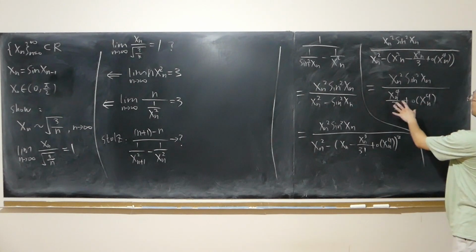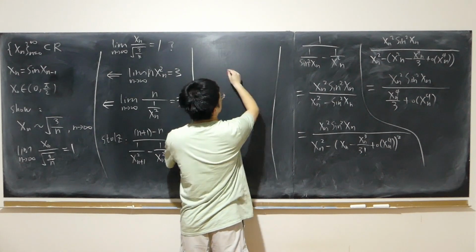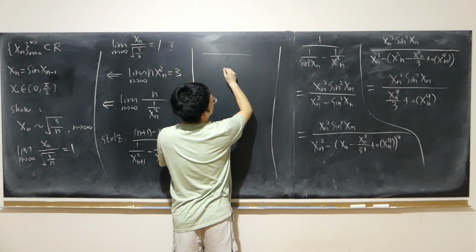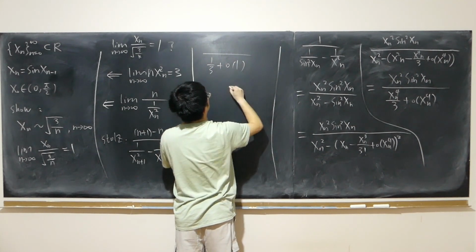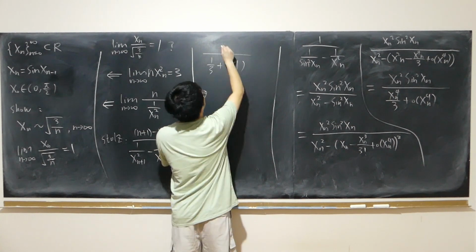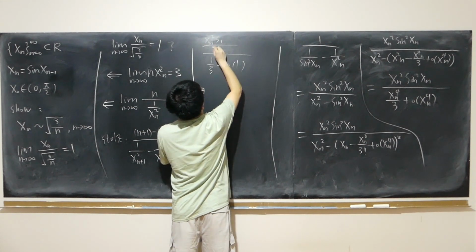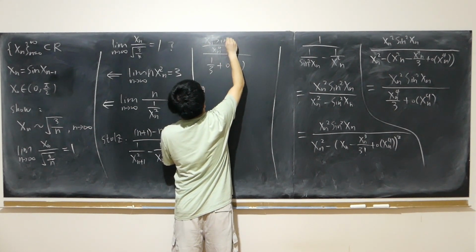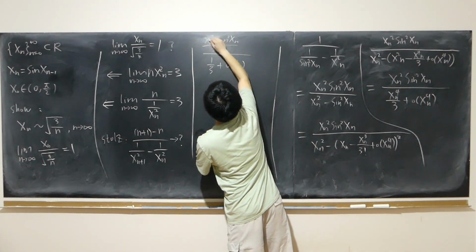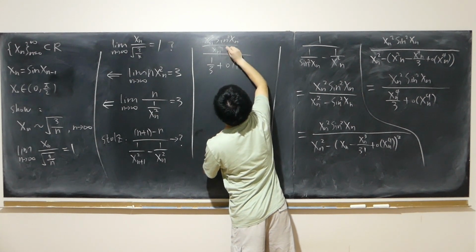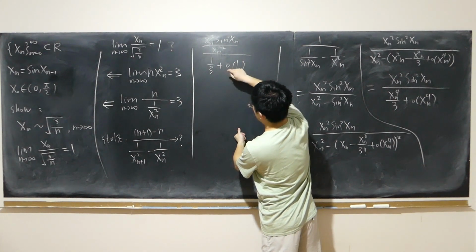So now I just have to divide everything by xn to the fourth. Eventually I have 1 over 3 plus little o of 1 on top, and on the bottom xn squared over xn to the fourth times sine square xn, that is sine xn over xn squared, as xn approaches 0.